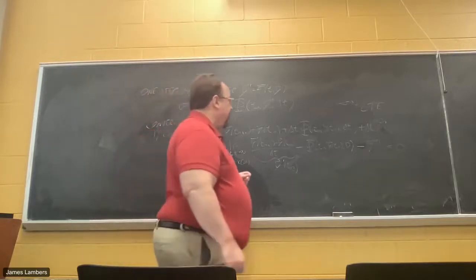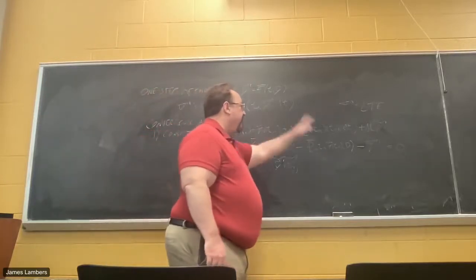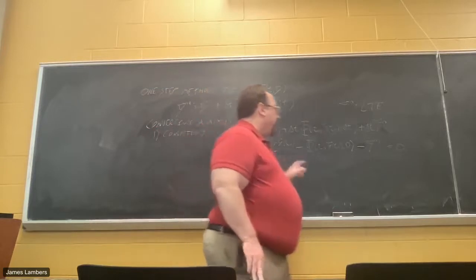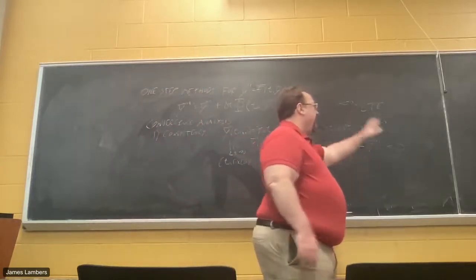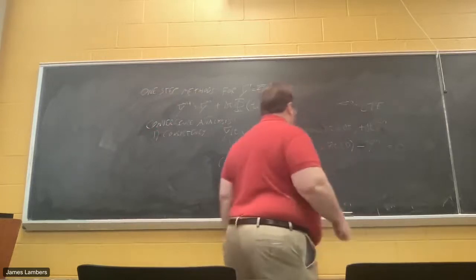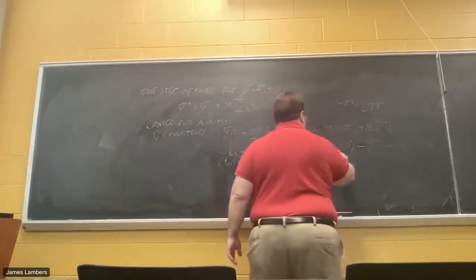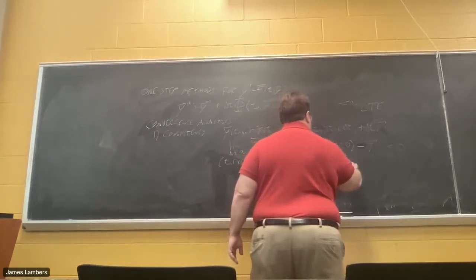So if the method is consistent, if this whole thing is going to 0, in other words, the local truncation error is going to 0, in order to have this whole thing satisfied, the only way that can happen is this must converge to f of t_n, y of t_n.